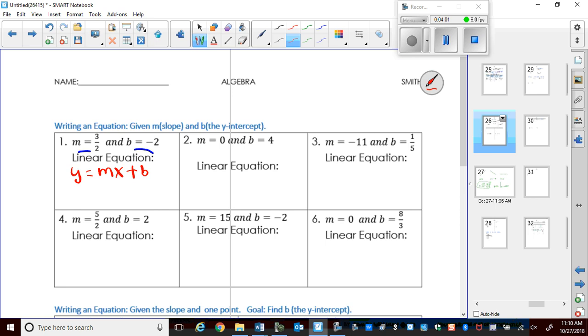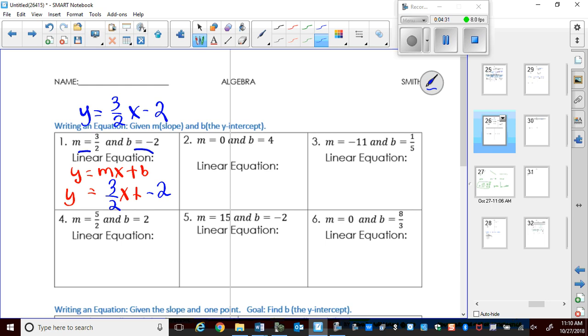Okay? My m is 3/2, so I replace the m with 3/2. My b is -2, so I replace the b with -2. If I simplified it, it would just be y equals 3/2 times x minus 2.